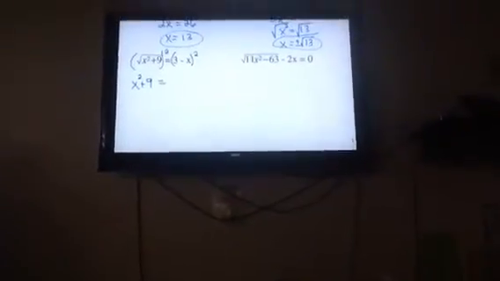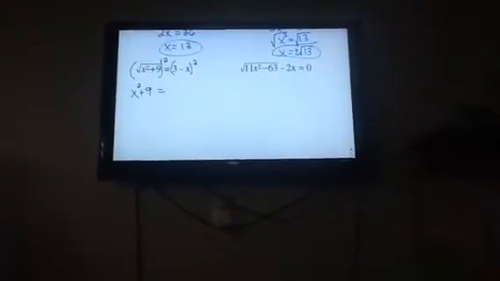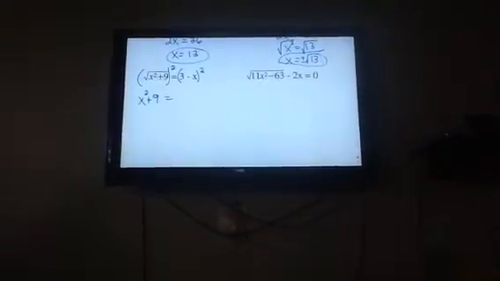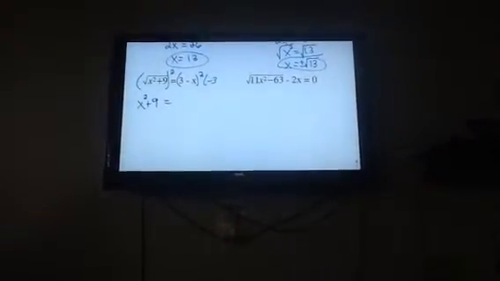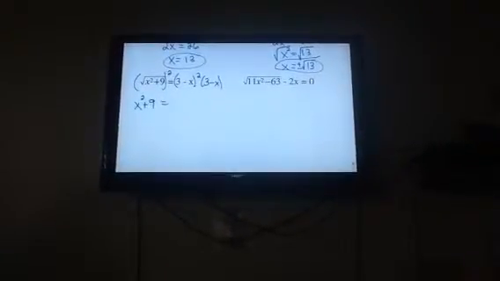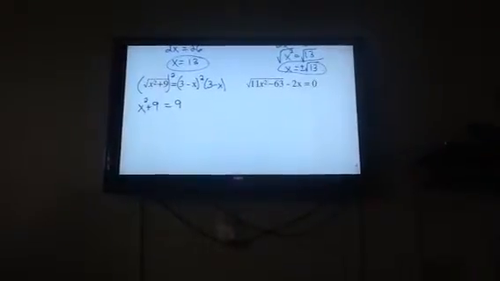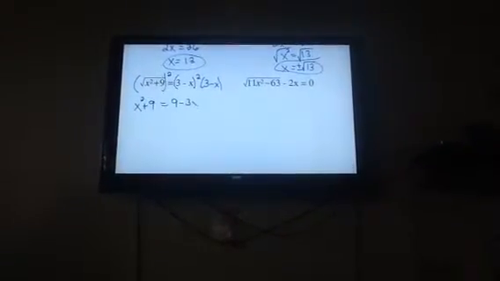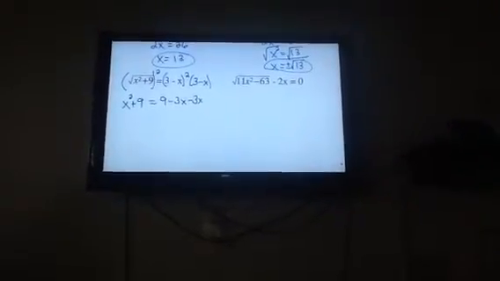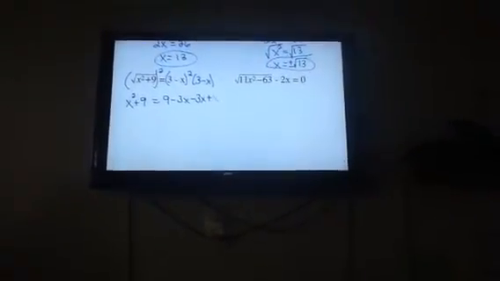Some of us are still not doing that because it's a quantity, it's a group. So write it again and FOIL it. So first times first is 9. Outer times outer minus 3x. Inner times inner minus 3x. Last times last positive x squared.